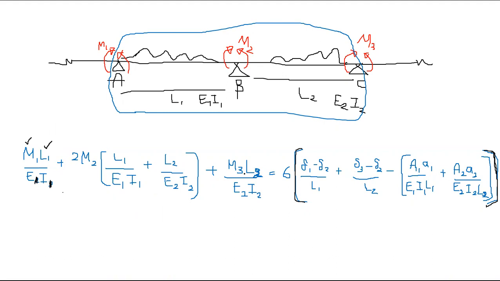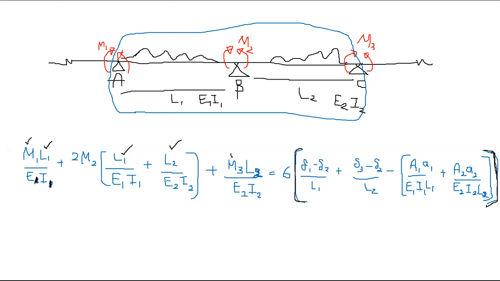Then M2, the 2 is originally there, M2 within brackets, that connects these two spans, L1 over E1 I1, L2 over E2 I2, right? So that is there, and that's done.